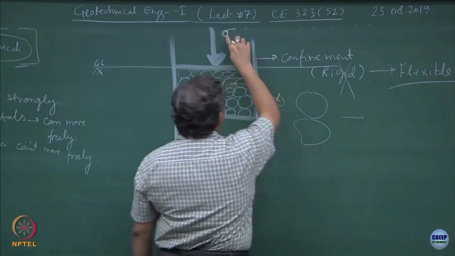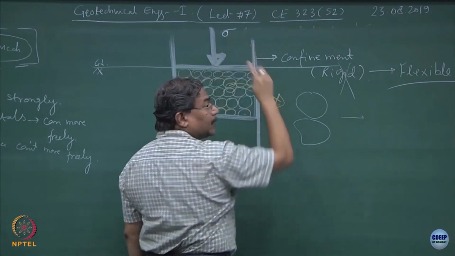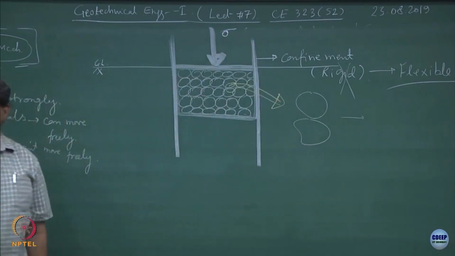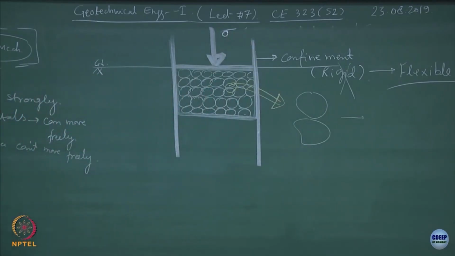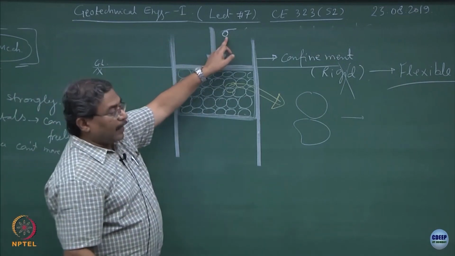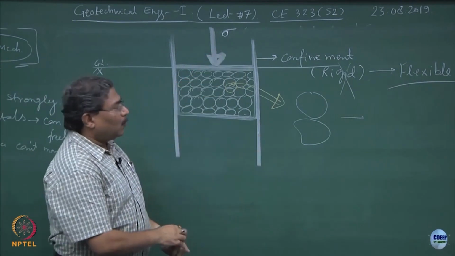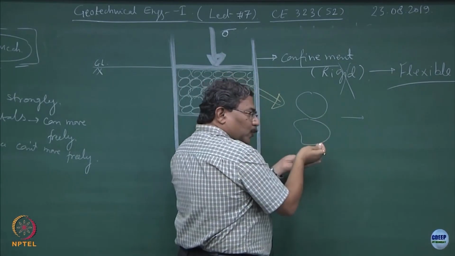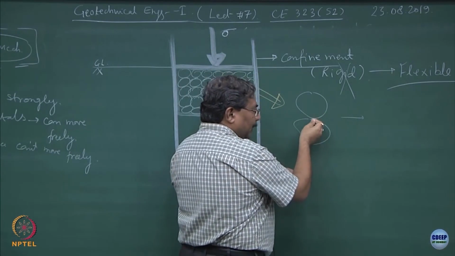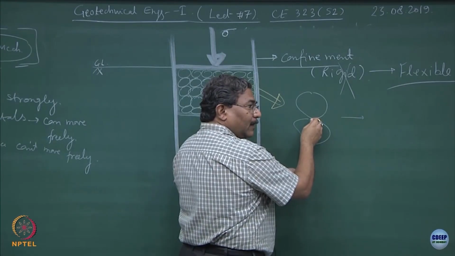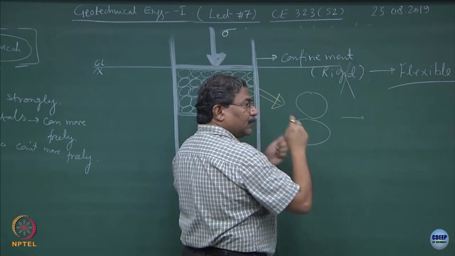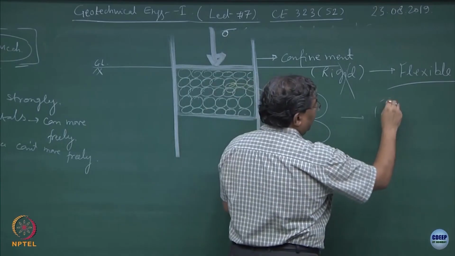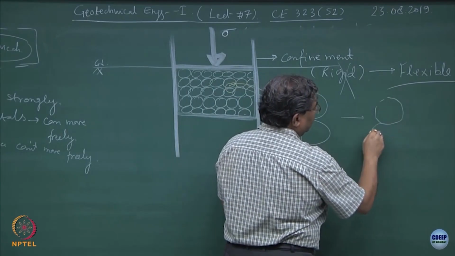If the compressive forces are extremely high, then the crushing strength of the grains, is this okay? If the confining stresses are higher than the crushing strength of the grains, what is going to happen? Up to a certain limit they will come close to each other, the pressure intensity will keep on increasing at this point, and then the pressure will increase so much that this might be the situation.